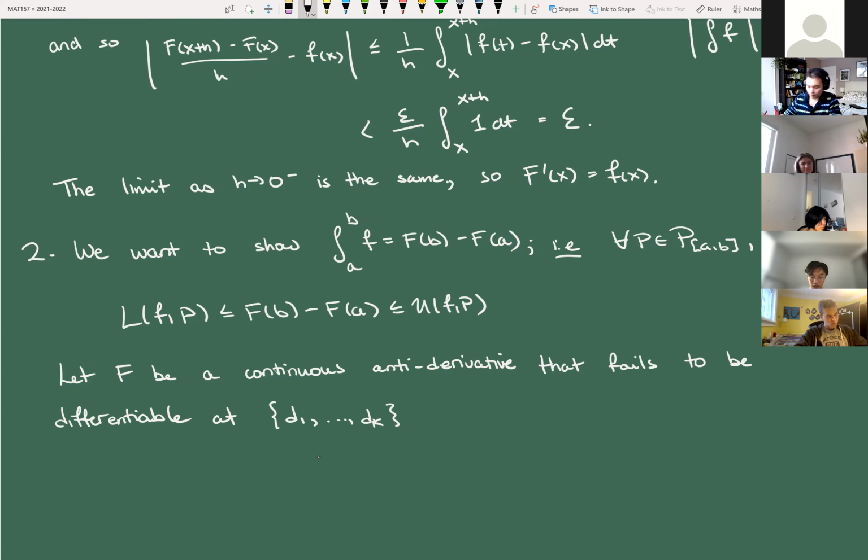Let's pick an arbitrary partition. Let P be an arbitrary partition. And I'm going to do the typical thing. I'm going to refine P by sticking the D's in it.